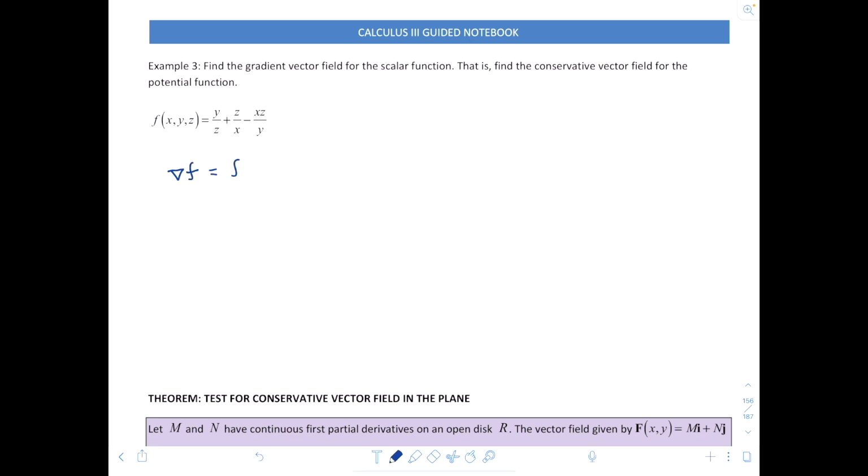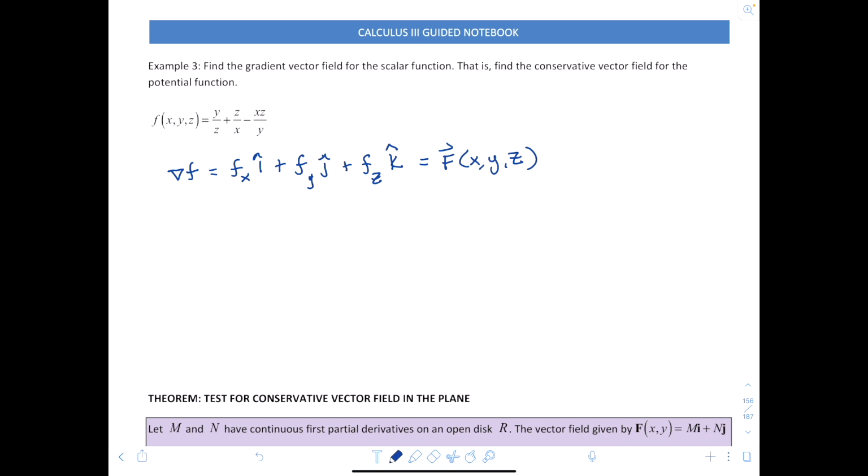If you recall, that's going to be the first partial of f with respect to x times i, plus the first partial of f with respect to y times j, plus the first partial of f with respect to z times k. And we're saying that is going to equal our vector field F at x, y, and z. Cool? So, let's do it.